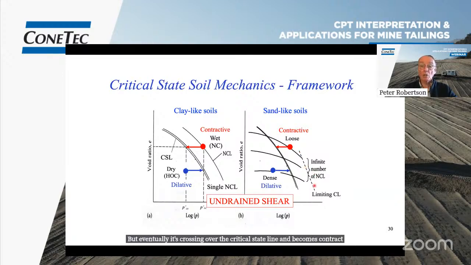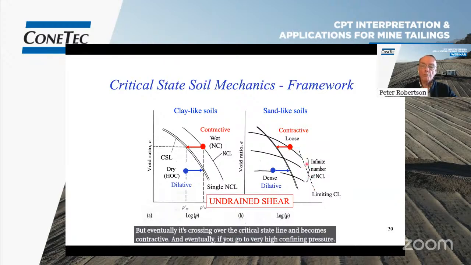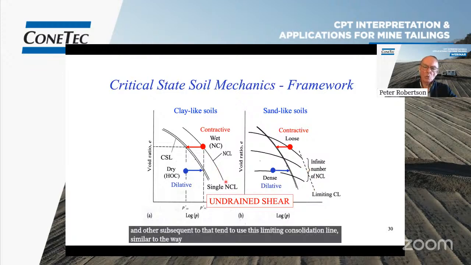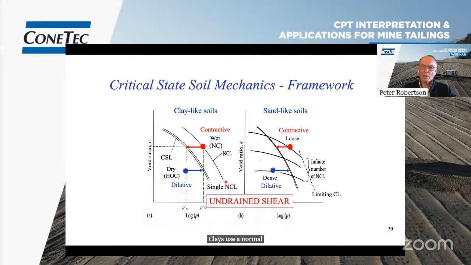Eventually, if you go to very high confining pressure, all of them tend to converge to a limiting consolidation line. The numerical models that came out of MIT and others subsequent to that tend to use this limiting consolidation line, similar to the way clays use a normal consolidation line. So again, loose sands can contract to critical state, and dense ones tend to dilate to critical state.